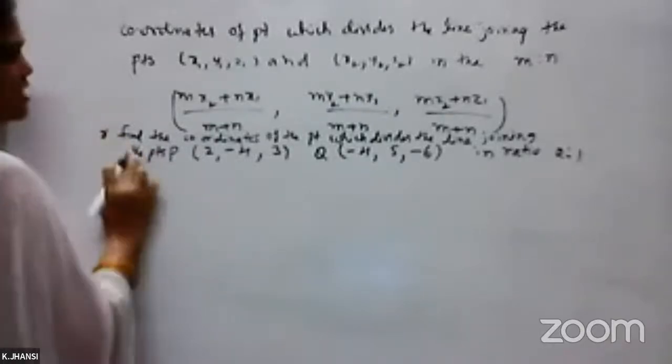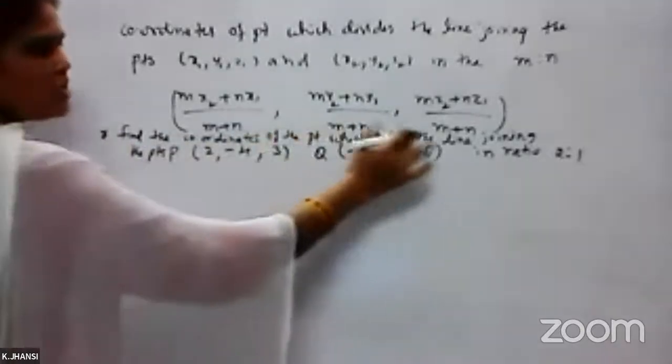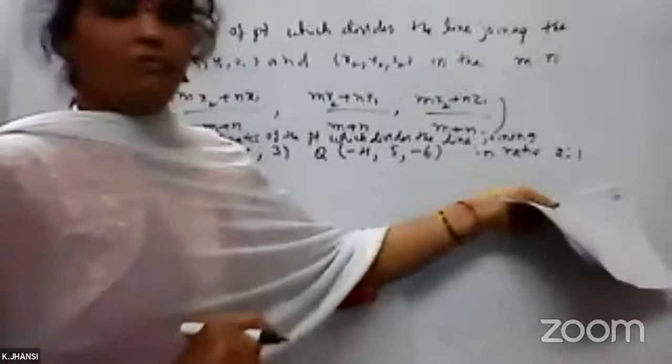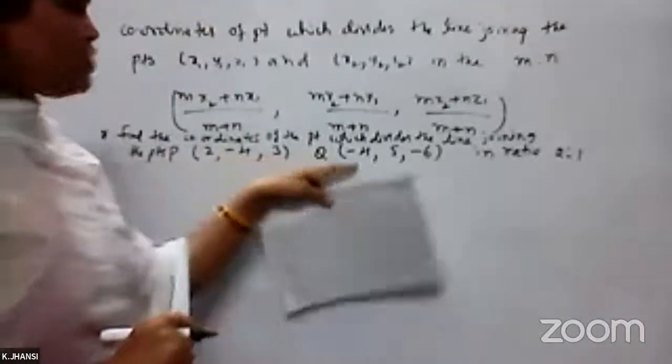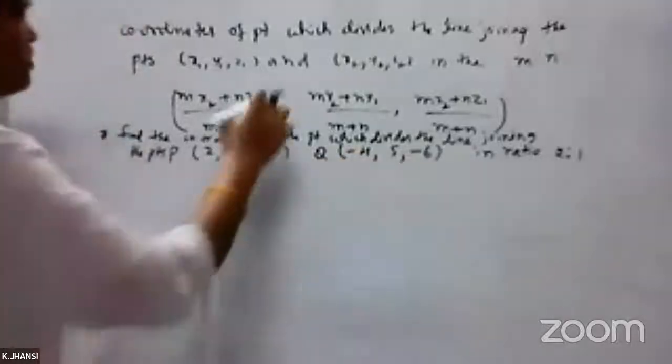So the question will be asked: find the coordinates of the point which divides the line joining the points P and Q in the ratio 2:1. So here the m value is 2 and the n value is 1, and whatever points are given are x1, y1, z1, x2, y2, z2. Now substitute here.